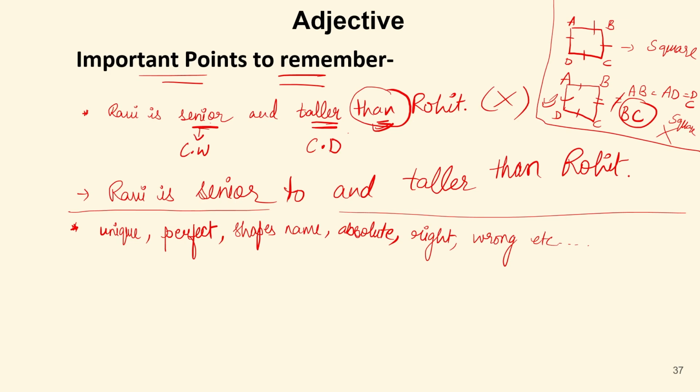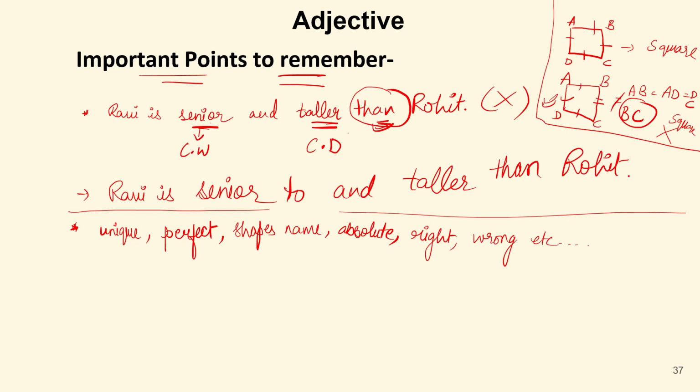If something is perfect, it means it is perfect in all the senses. But if I say it is perfect, but there is a little error in this, that means it is not perfect, because perfect is something that has all the things correct, all the things right in every respect.